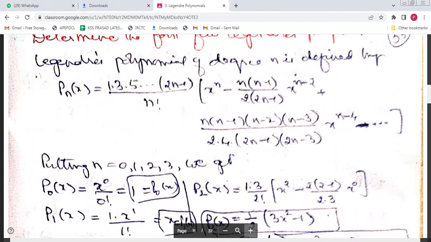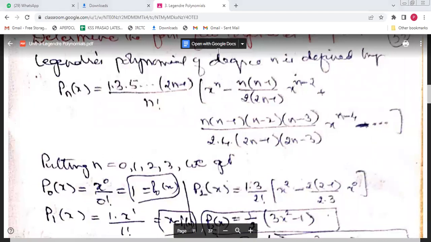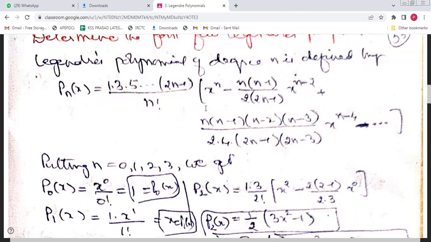Now putting n equal to 0, 1, 2, 3, we get P naught of x equal to, so here we get n equal to 0. So P naught of x becomes x power 0 divided by 0 factorial, that is equal to 1.